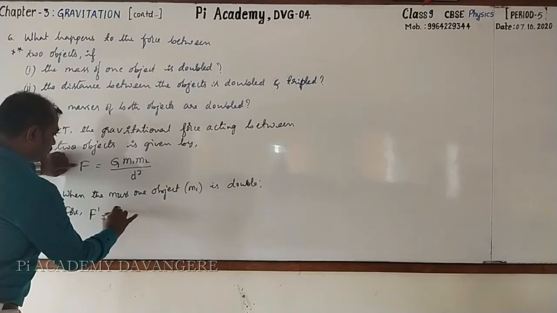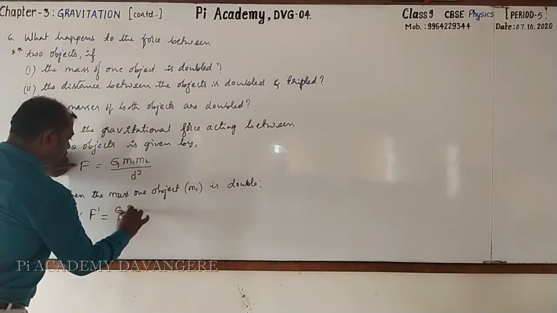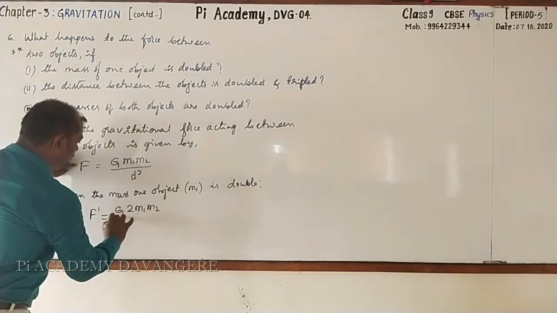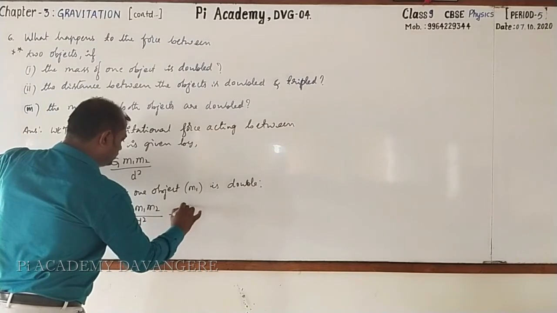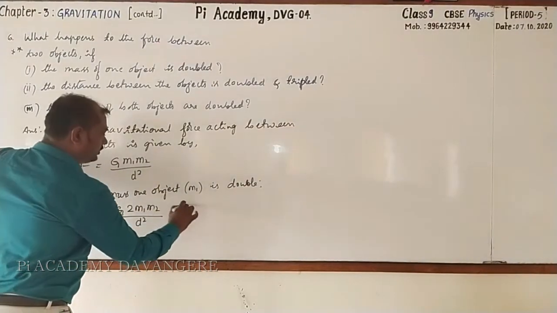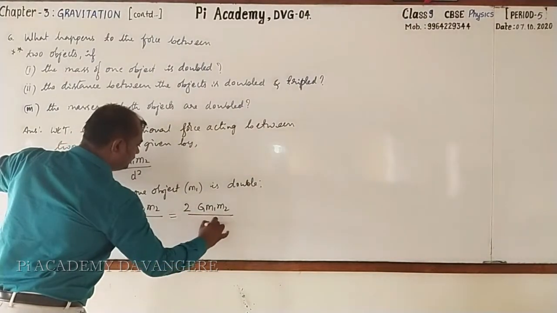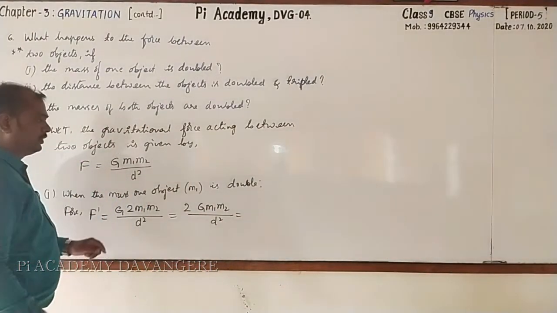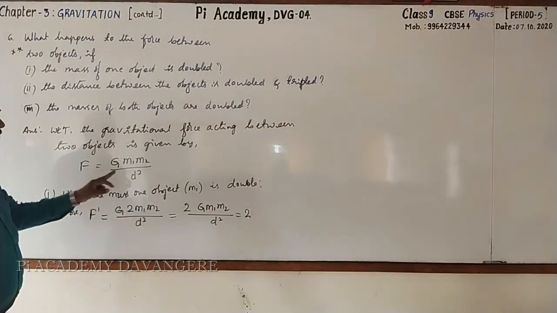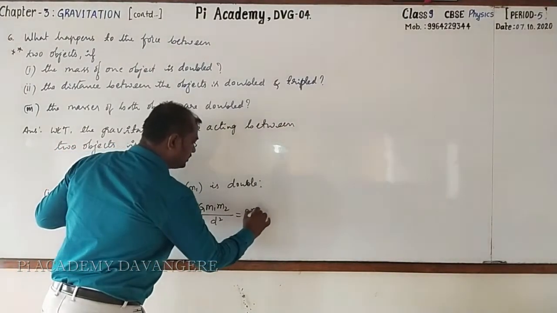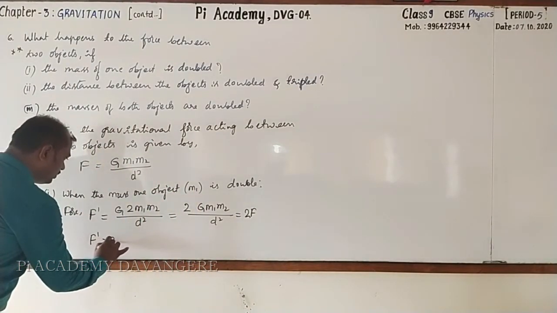This is equal to G into, what is M1? M1 is doubled, that means 2 into M1, then M2 by D square. Taking 2 outside, it is 2 into G M1 M2 by D square, which is equal to 2 into F. That is, F dash is equal to 2F.